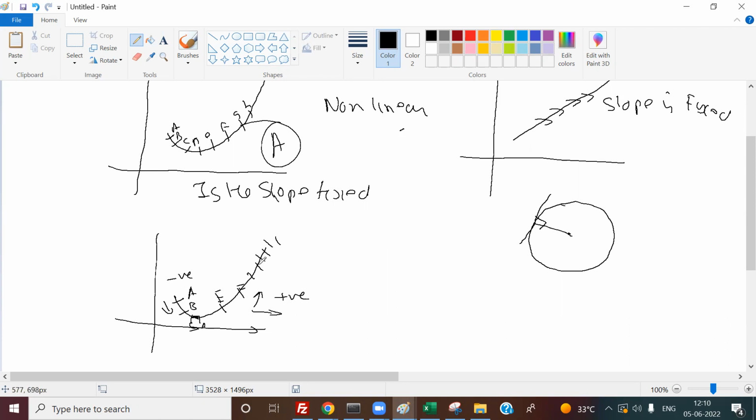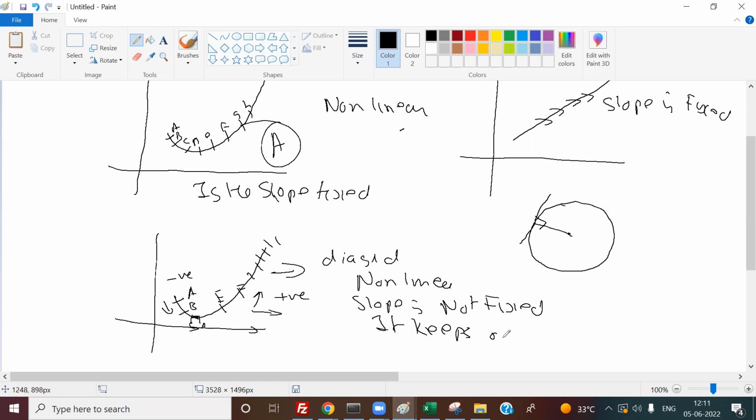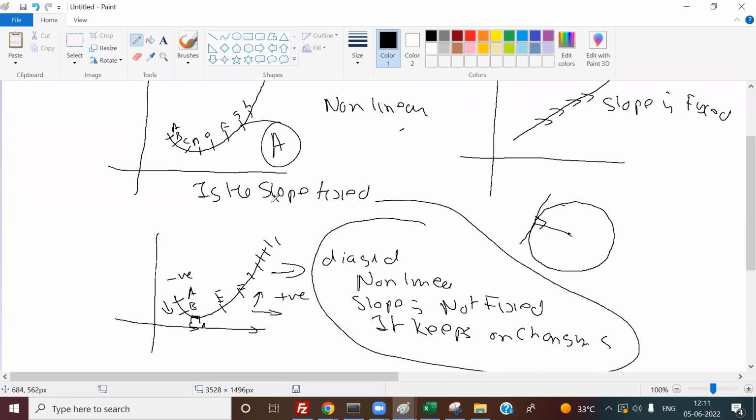So in this diagram, distribution is non-linear and slope is not fixed. It keeps on changing. It keeps on changing. Now tell me, is this idea clear before I go into log transformation?